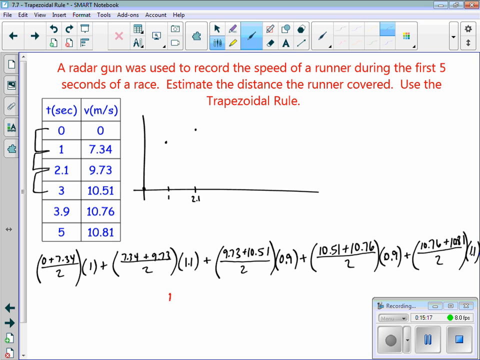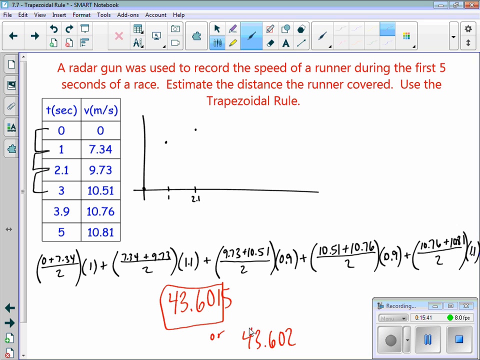Anyone get like 43 point something? What did we get? 43.6015. And you can write it like that. What they do if you write more than 3 decimal spots is they only look at the first 3 decimal spots. So this answer's fine. Or you can round it. So 43.602.